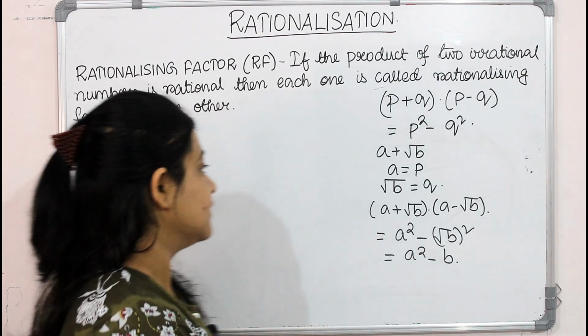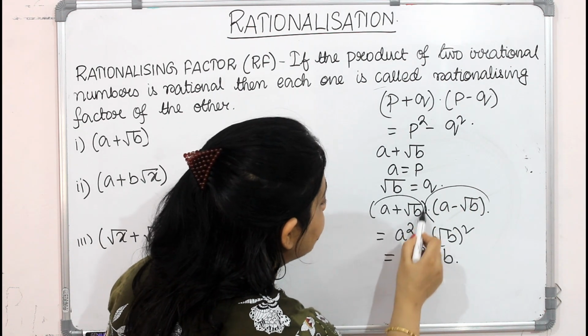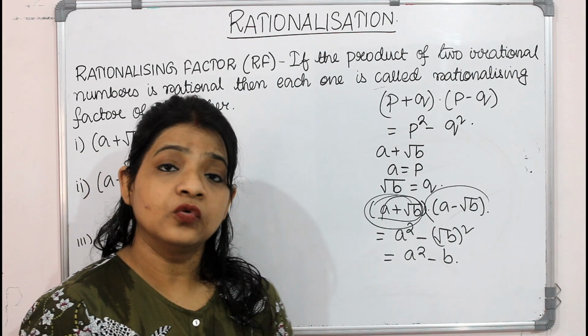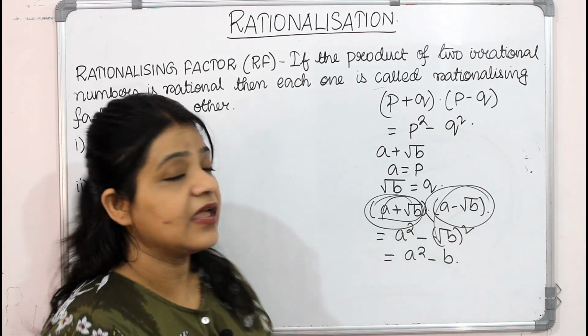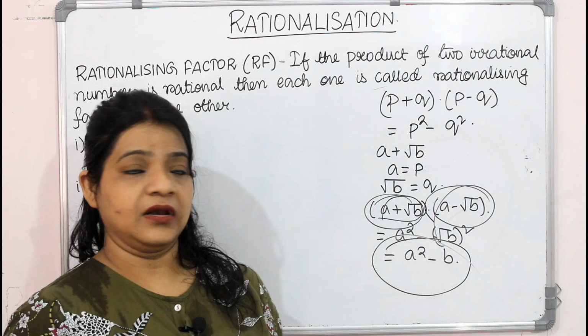So you are multiplying the existing irrational number, a plus root b, with another irrational number, a minus root b, to get a rational number.